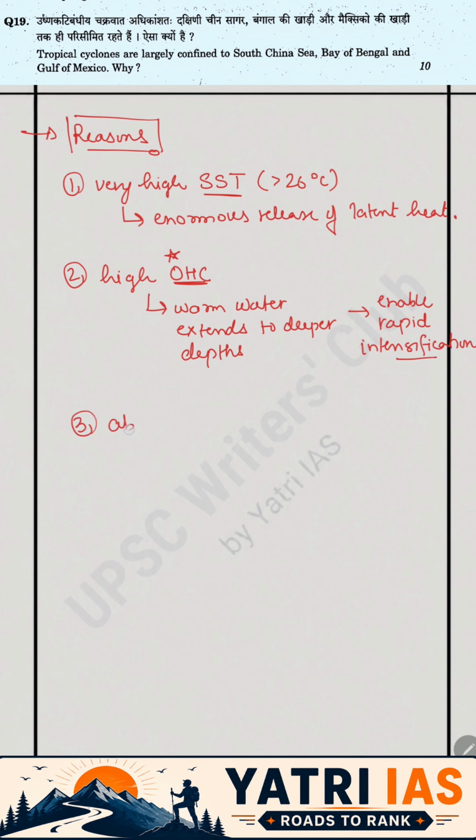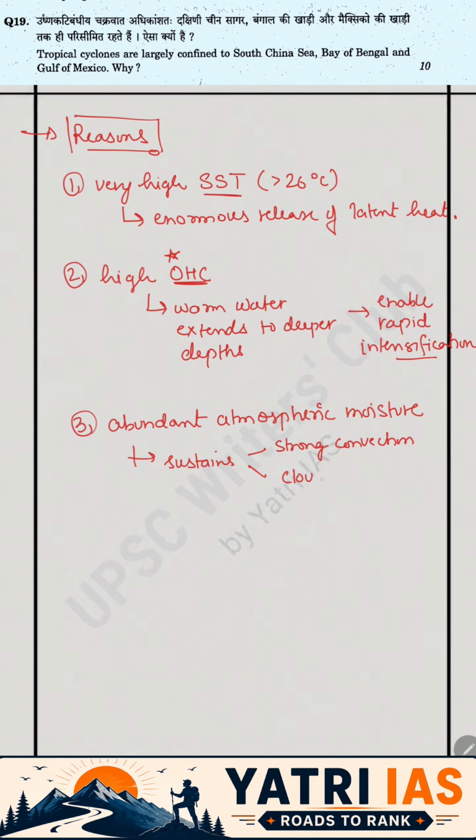Then you would mention abundant atmospheric moisture. And due to this, which sustains strong convection and cloud development.